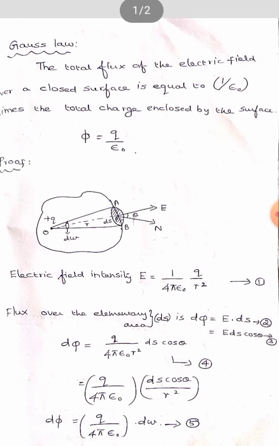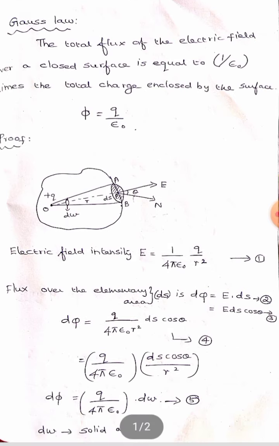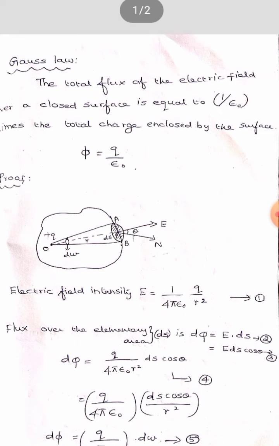D phi is the flux present in that Gaussian surface. The dot product E dot ds can be written as E ds cos theta. That is equation 3.